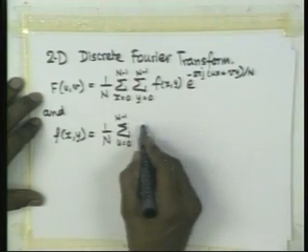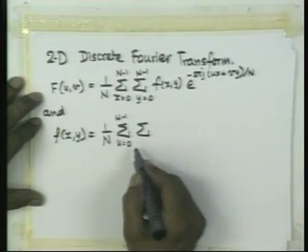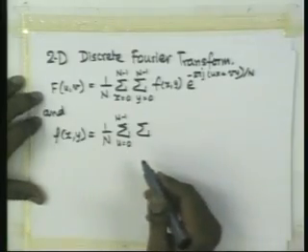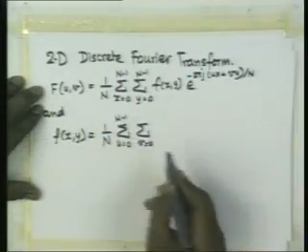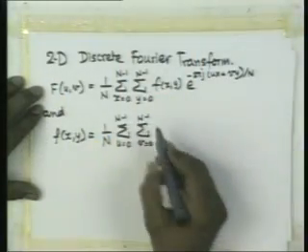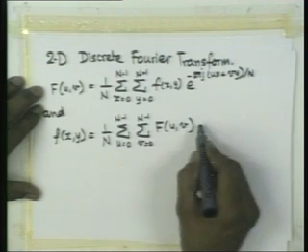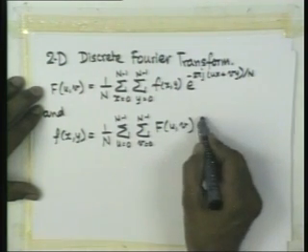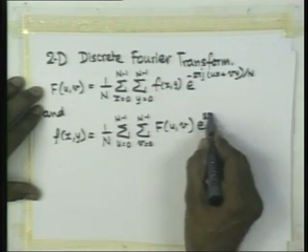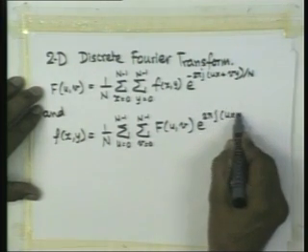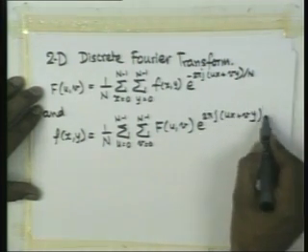Actually, you can define it not for an n by n image, but it could be some n by m or rectangular image instead of a square image. That is also possible, but let us not worry too much about it. Concept wise we are able to get this, and this is going to be u v, now a positive exponent 2 pi j (ux plus vy) divided by n.